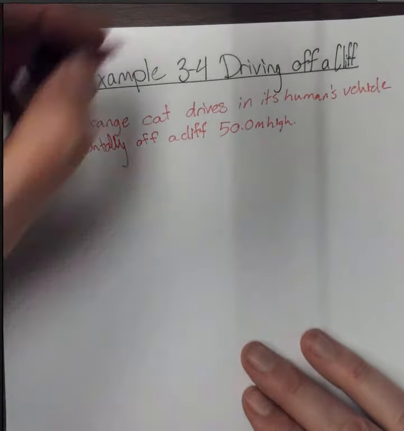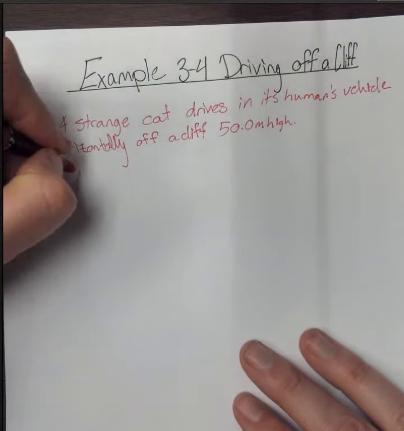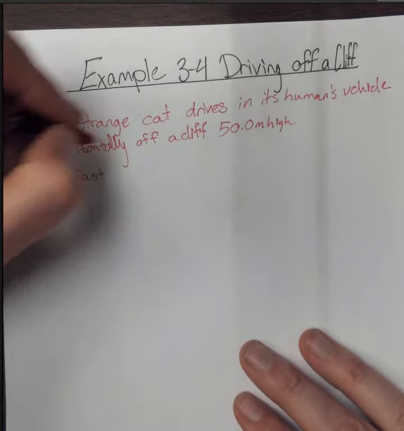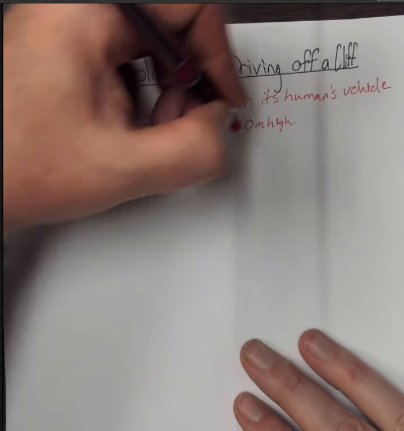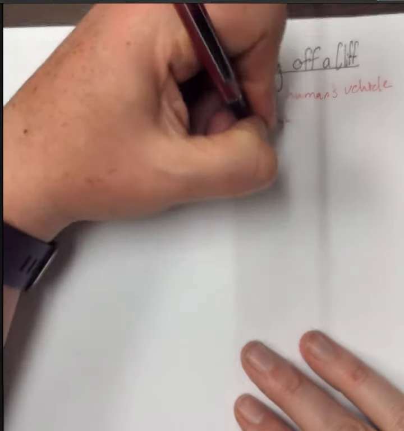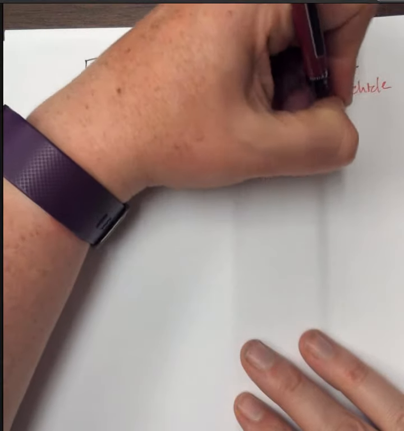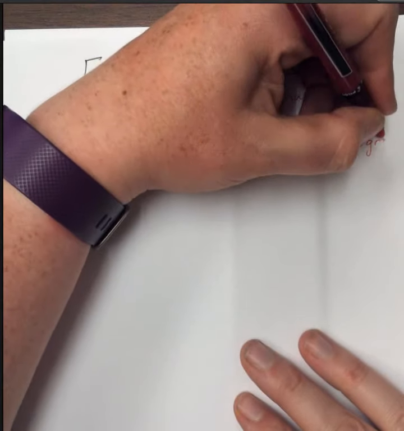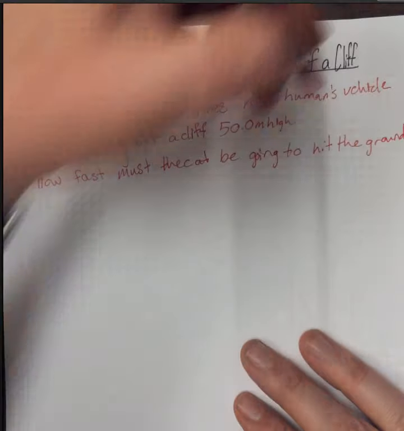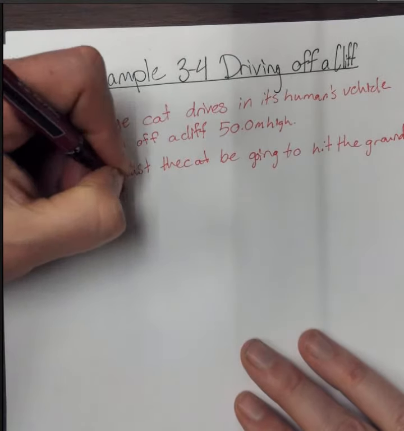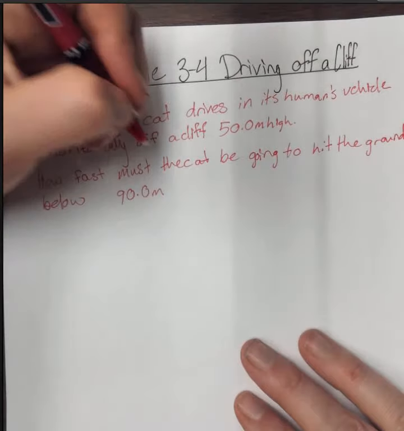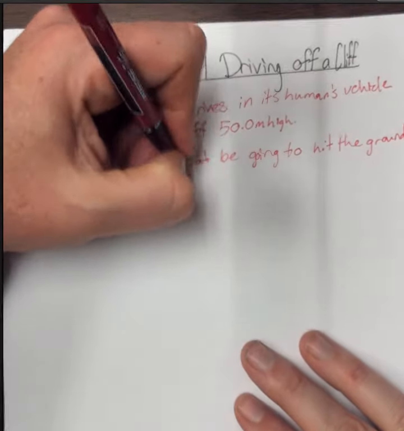We want to know how fast must the cat be going to hit the ground below, 90 meters from the base of the cliff.